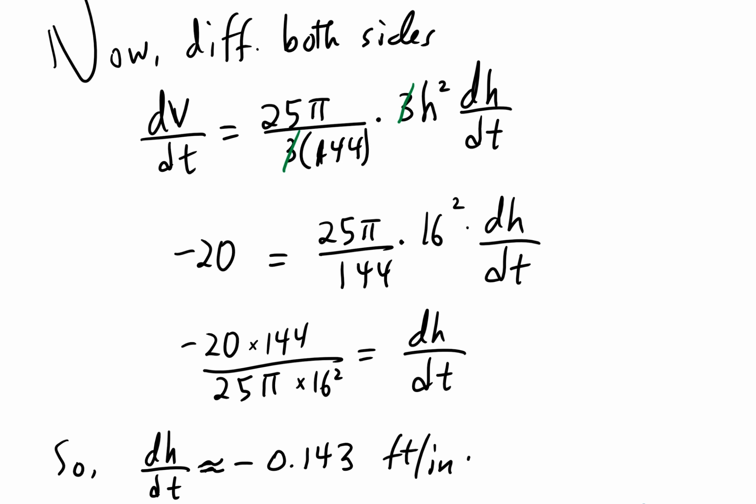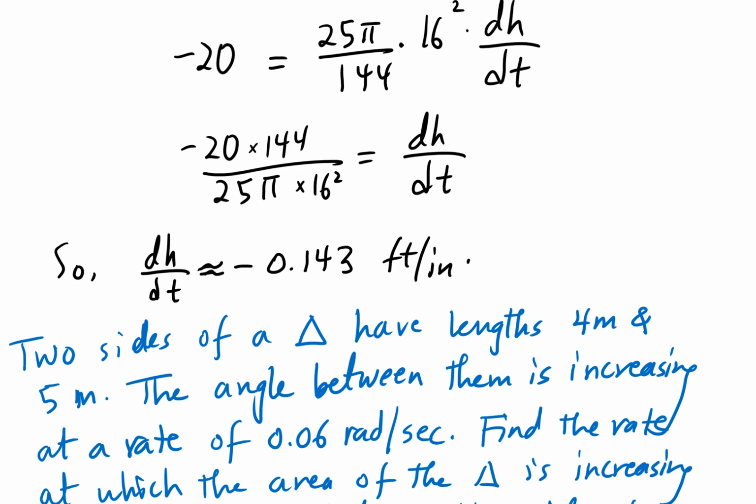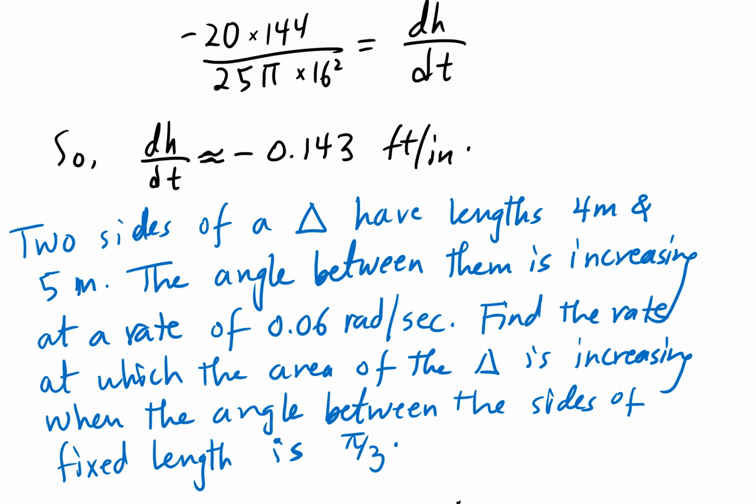We have another example. Two sides of a triangle have lengths 4 meters and 5 meters. The angle between them is increasing at a rate of 0.06 radians per second. Find the rate at which the area of the triangle is increasing when the angle between the sides of fixed length is pi over 3.